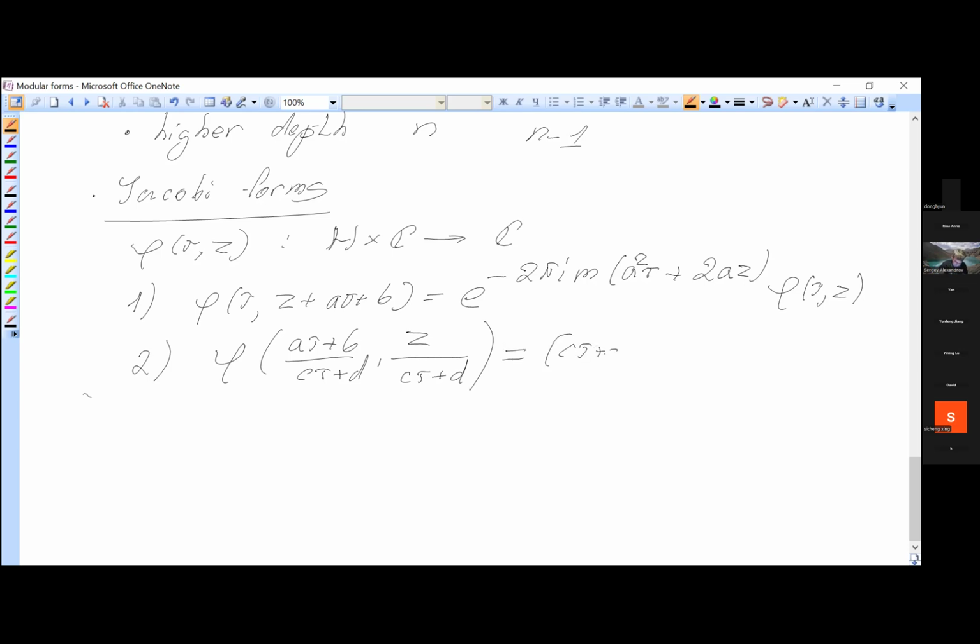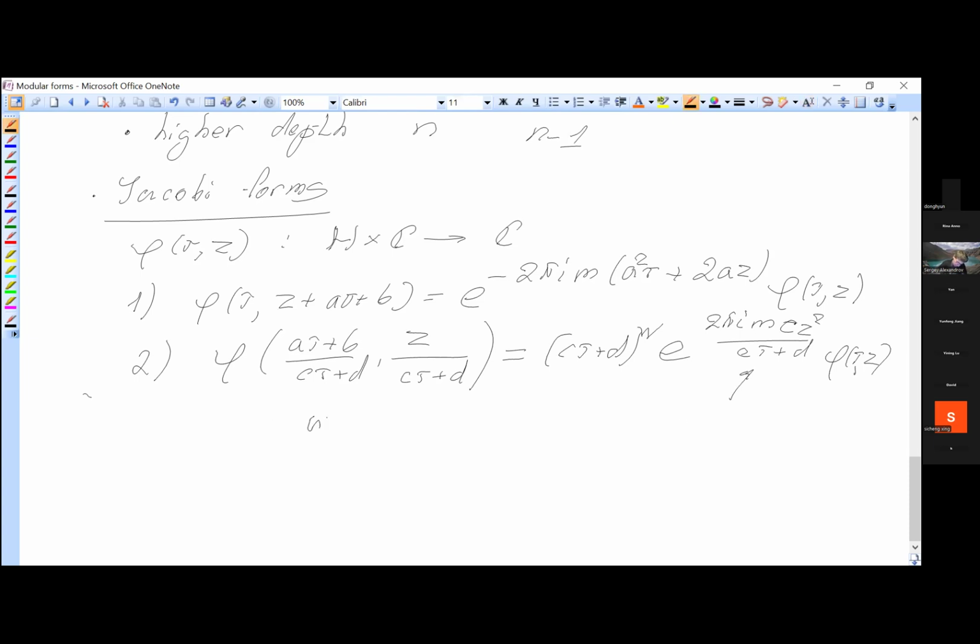And we again have the standard factor (c tau plus d), but now we also have another factor, an exponential of 2 pi i m c z squared over (c tau plus d). So you see there is another factor, this exponential, and it's characterized by a new number, m.